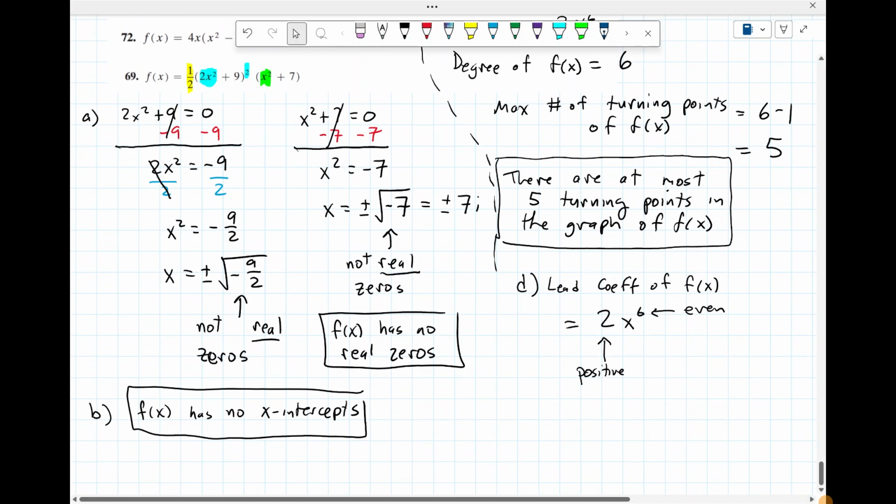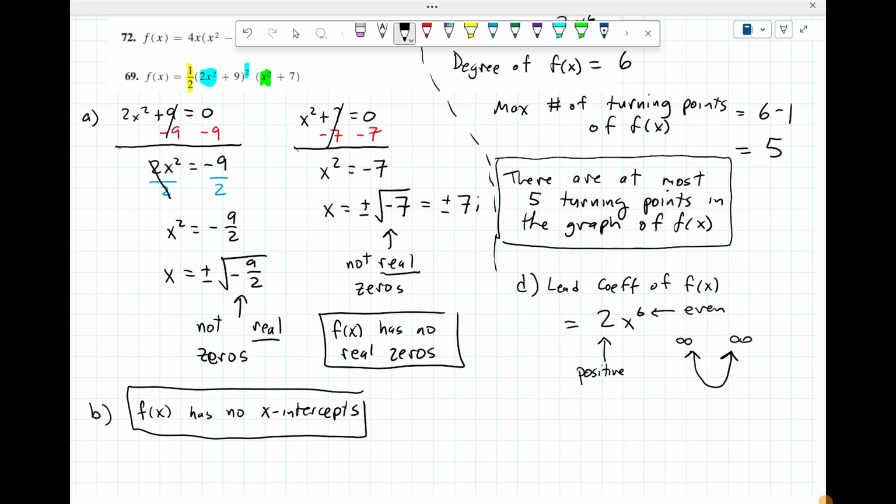From that information, I know that my graph is going to have the same end behavior as the graph of x squared, which looks like this. So on the left it goes to positive infinity, and on the right it goes to positive infinity.